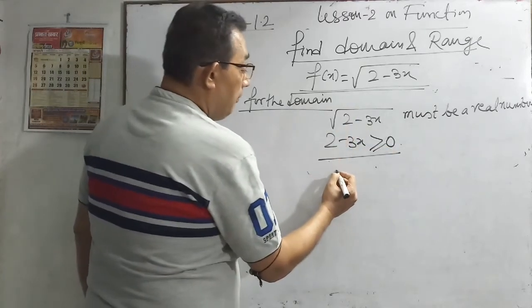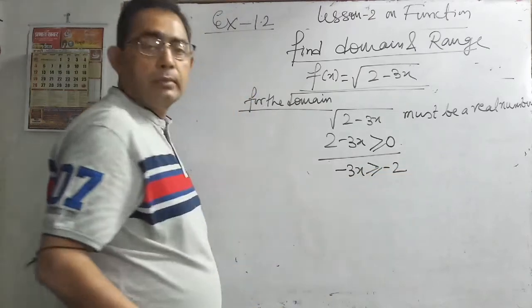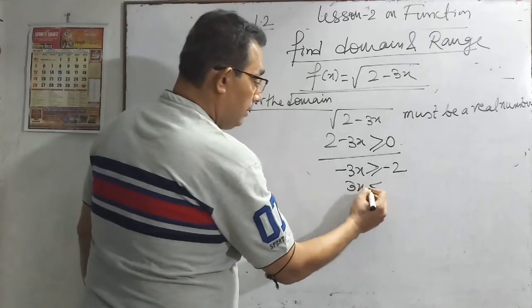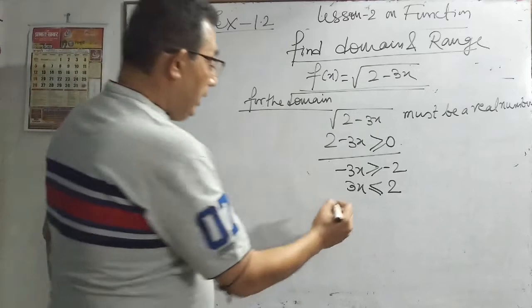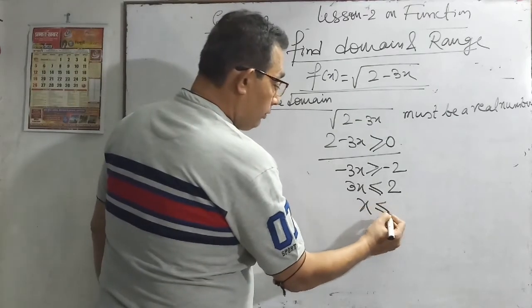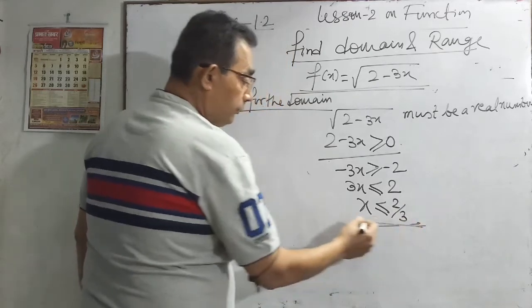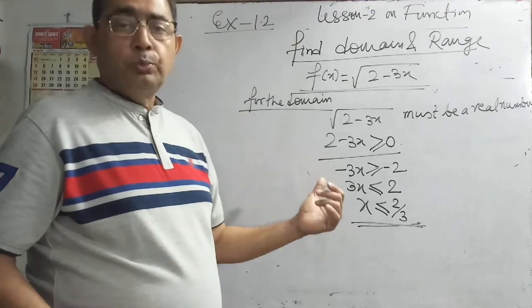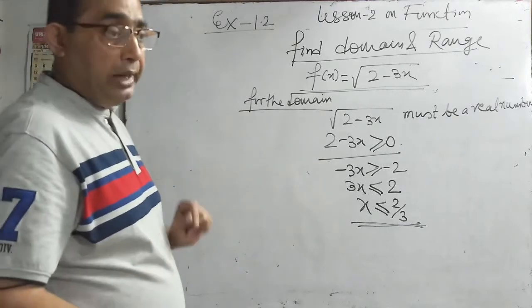That means −3x ≥ −2. Understood? So 3x ≤ 2, x is less than or equal to 2/3. Then you say, what is the domain?